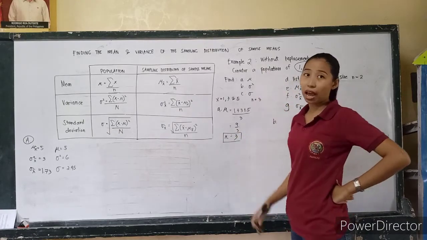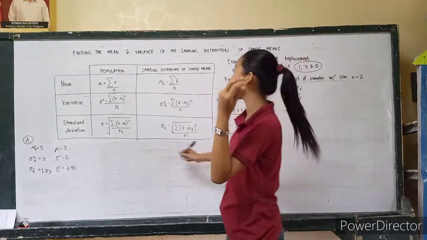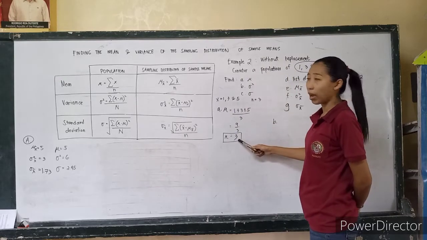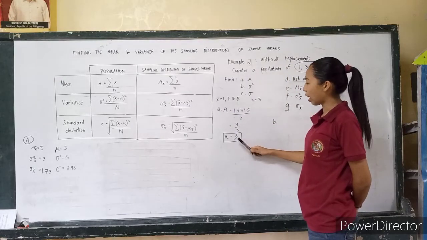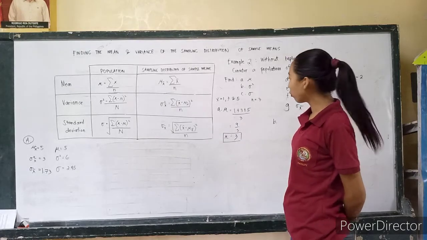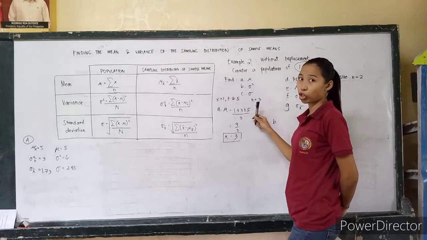Let's proceed with our letter B. Letter B is finding our population variance. In finding the population variance, we're going to use all your x's and then subtract the population mean you obtained, which is 3, then squared, over your population size, which is again also 3.